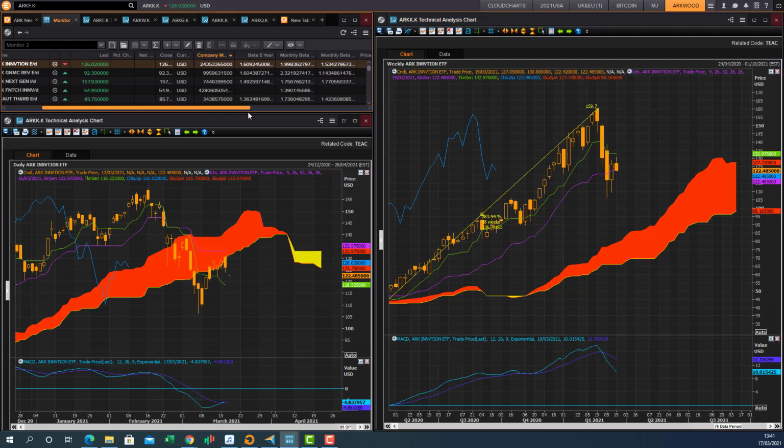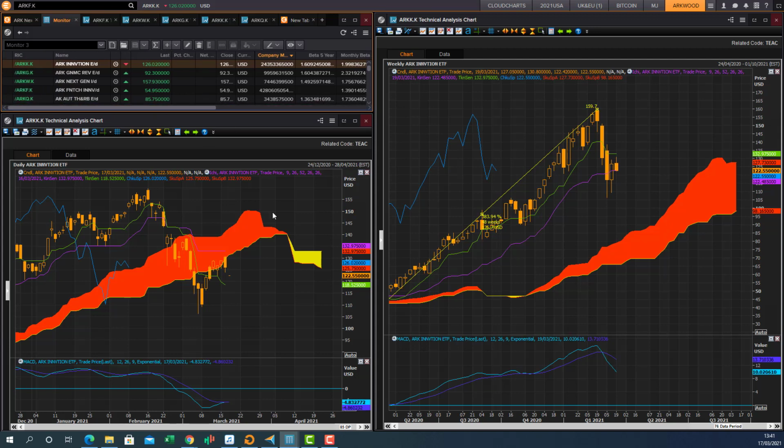Just looking at the beta, you can see the monthly upside beta is almost 2. So there's a significant risk in that you are trading a high beta ETF, and this type of pullback is somewhat normal, considering that if the market drops 10%, this thing will go down 16%, or 60% more volatile than the overall market. So that's that one.